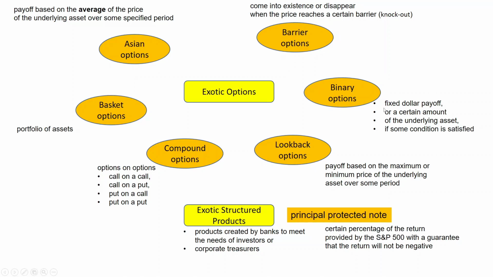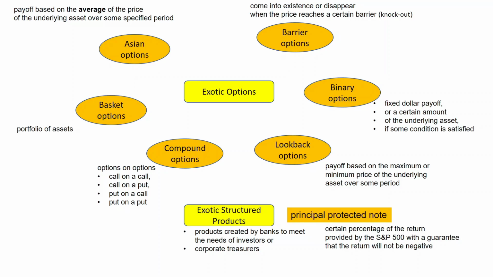Binary options: a fixed dollar payoff, or a certain amount of underlying asset, if some condition is satisfied, so something happens. Okay, this is absolutely not defined. Look-back options: the payoff is based on the maximum or minimum price of the underlying asset over some period. So we have to check whether there were any shocks in the background, then we are paying.